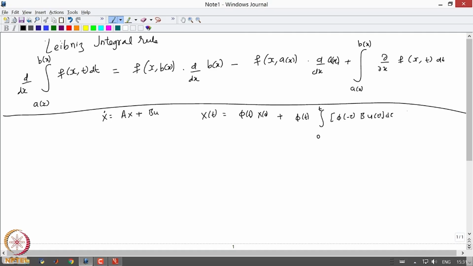Let me call this equation number 2. Now the question is to verify that this is a solution to the differential equation labeled as 2. So how do I verify this? First, check initial conditions.